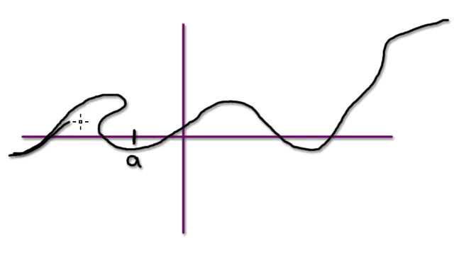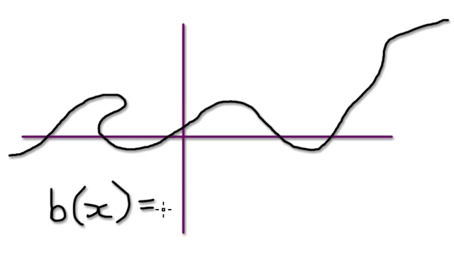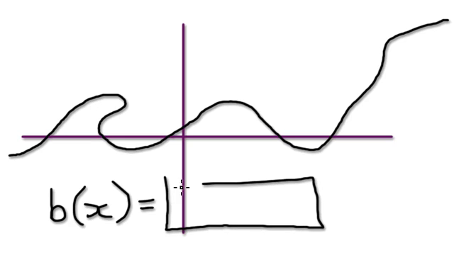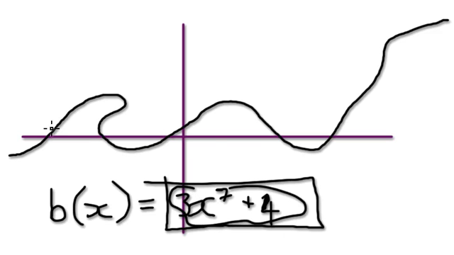Suppose this whole line is given by b of x, and then I would need to give you something in here to describe this line. This is just a made up thing, but normally I would have to give you something like 3x to the power of 7 plus 4 or whatever to describe this line. But because this is just made up, I'm going to leave it blank.